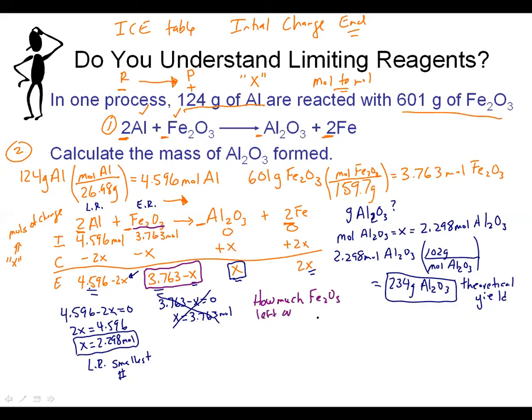We can use our table to answer that really quickly without having to go back and calculate other things. That's going to give us 3.763 minus our x value, which is 2.298. That gets us 3.763 minus 2.298, which is 1.465 moles.